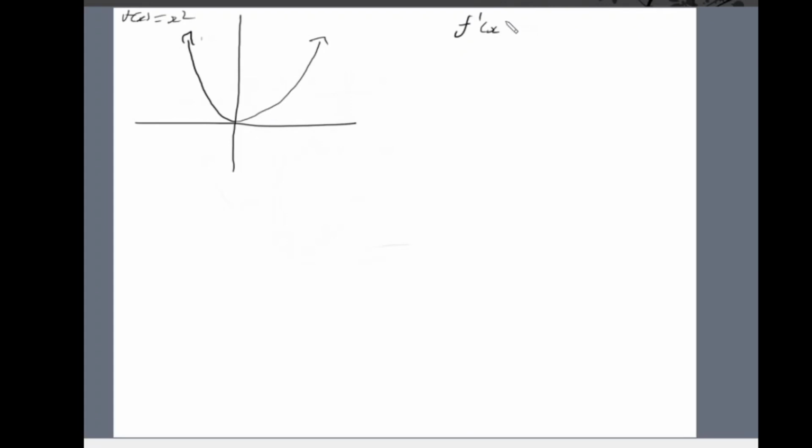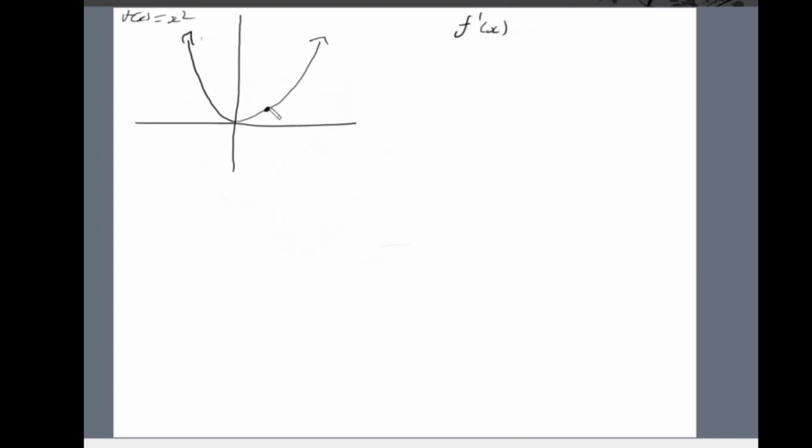To have an example and a visualization of how to interpret the definition of a limit, let's say we have the graph f of x equals x squared, which is the standard parabola. f prime x is just us wanting to calculate the gradient of the function at a point x.